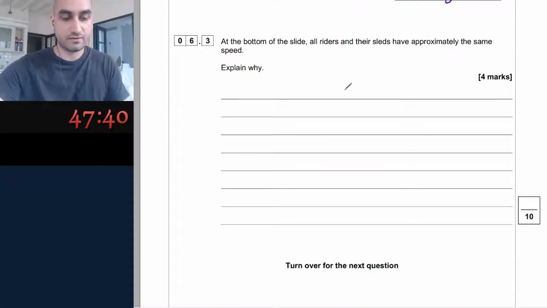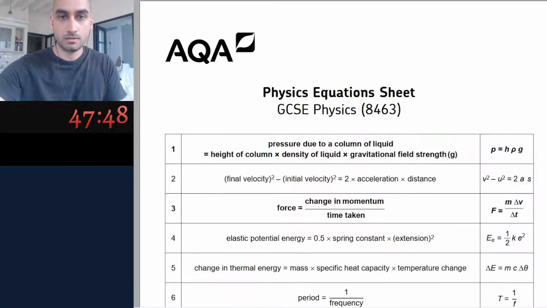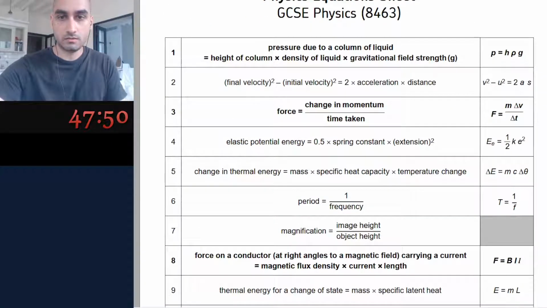So let's have a look at our formula booklet again. We've got final velocity minus initial velocity. V squared minus u squared equals 2as. That might be useful.